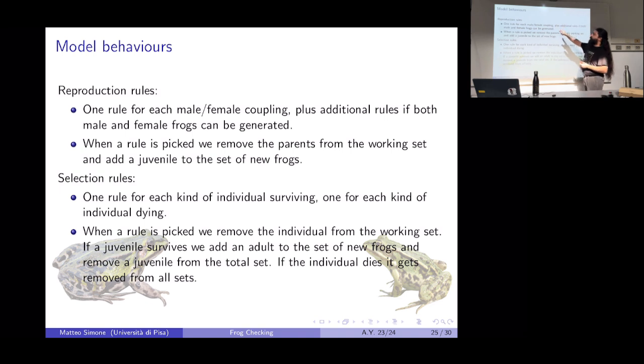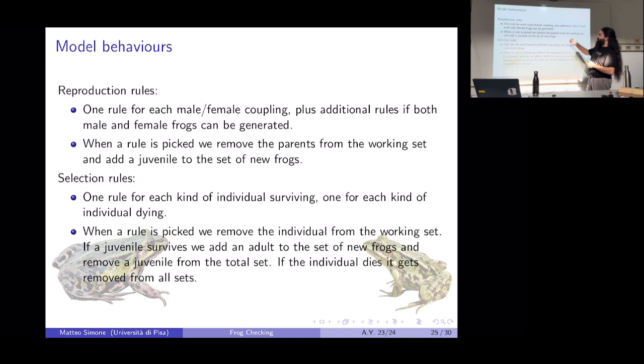We have seen the reproduction rules. We have one rule for each male-female coupling with the species. And we have an additional rule if both male and female juveniles can be generated, because not all pairings can produce male and female. Some rules can produce only female frogs, for example. But this was shown in frog computing, so you all already know this stuff.